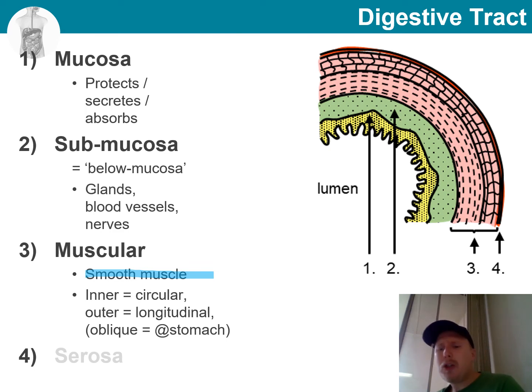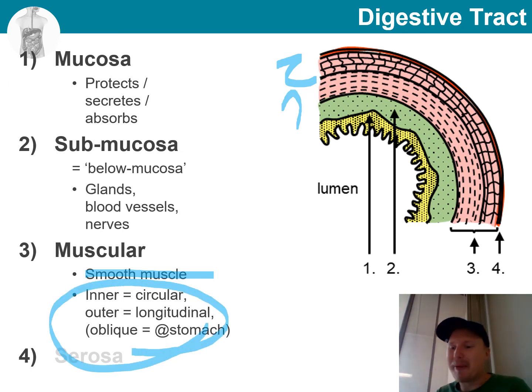And notice that we typically have circular and longitudinal muscles, with the circular being inner and the longitudinal outer. So movements in both directions are possible. And we find a special fiber direction at the stomach, and this is oblique fibers. We will address that a little later.